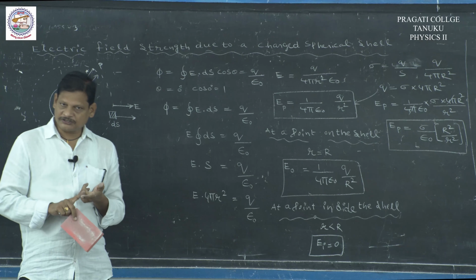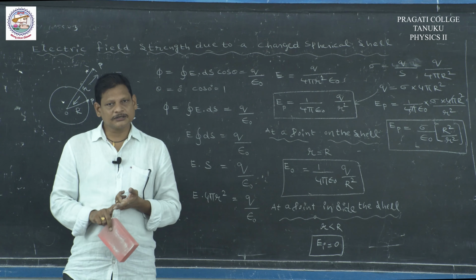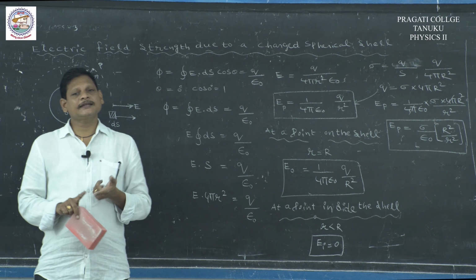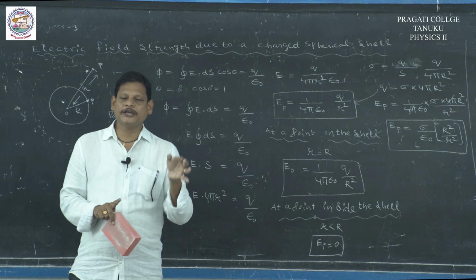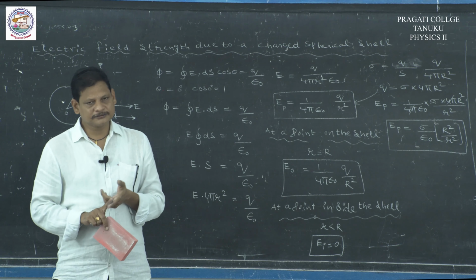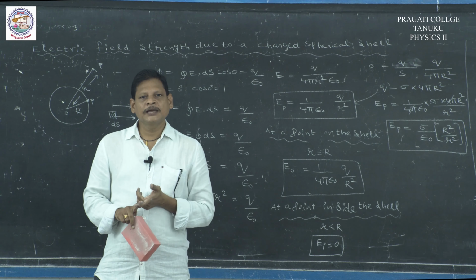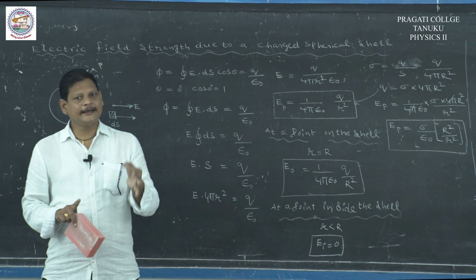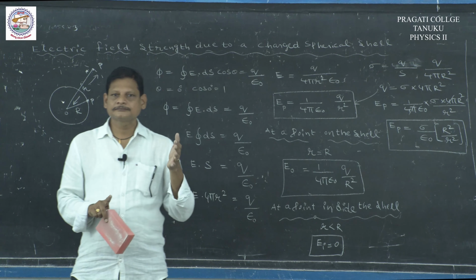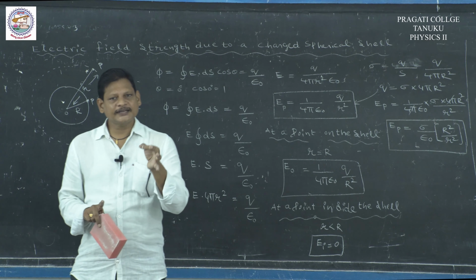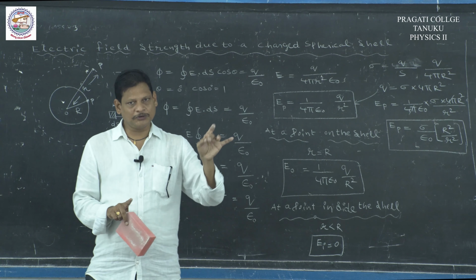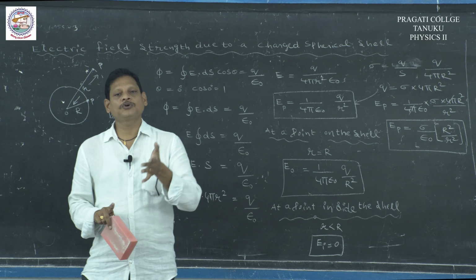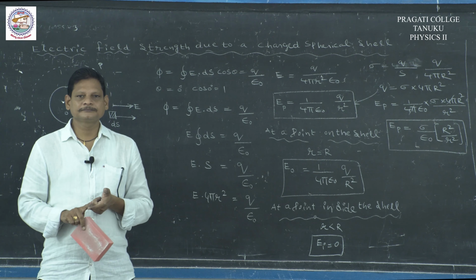And Coulomb's inverse square law, one of the 4 marks. Electric field strength and expression for the electric field strength due to a point charge, another 4 mark. Electric dipole and electric dipole moment, expression for the electric field intensity at a point on the axial line and equatorial line, these are the 2 4 marks from this chapter.